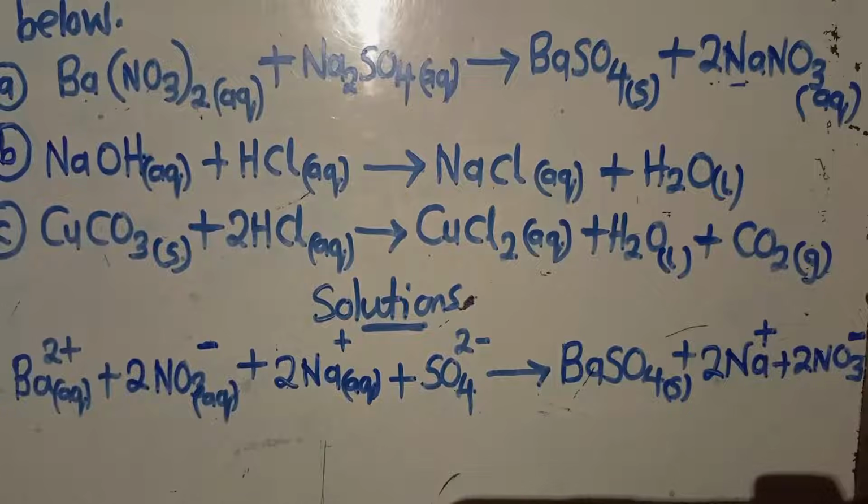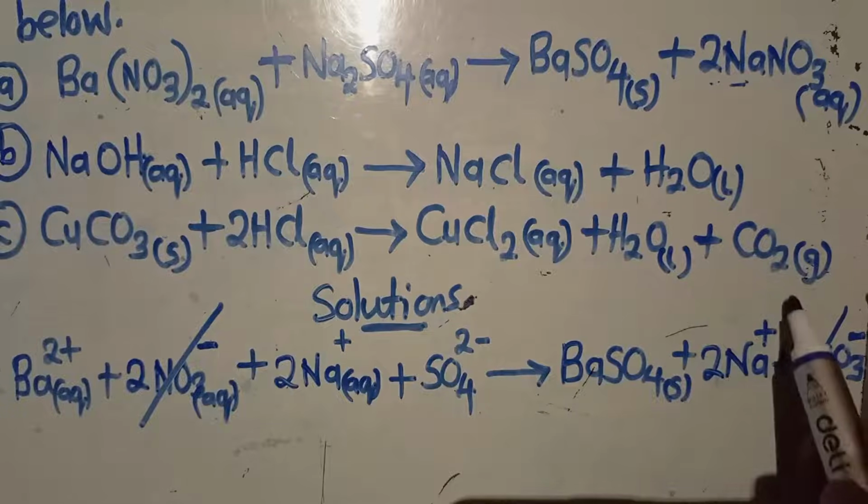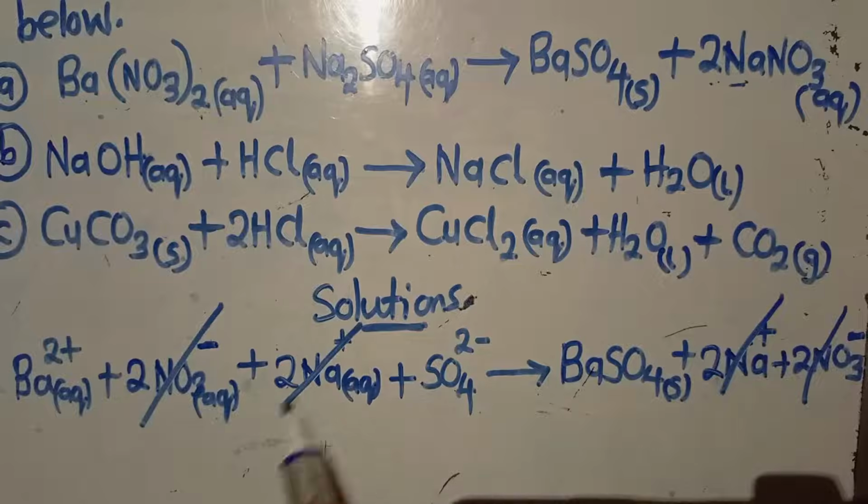I cancel out what is common. There is nitrate here, and there is also nitrate there. Which other one is common? There is sodium here, even sodium there. I cancel out these two.